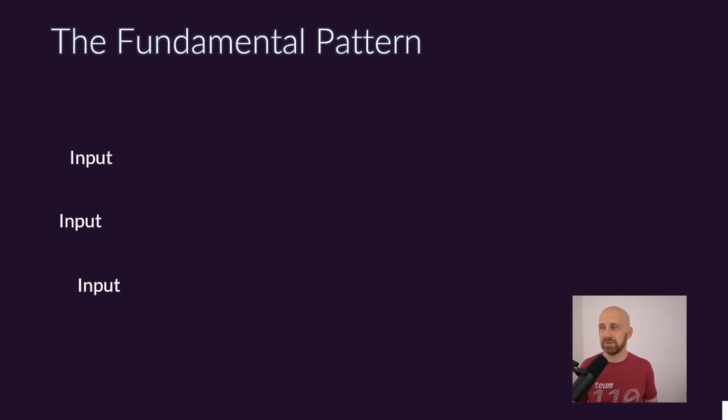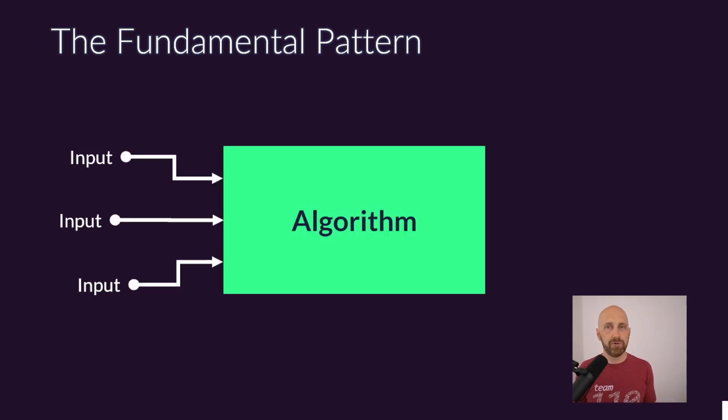And these inputs are going to be fed into an algorithm. I mentioned previously, and we'll be talking about algorithms throughout this course, an algorithm is just a series of steps that a computer can follow. What's really neat about an algorithm is that it's a fixed series of steps. Let's say your algorithm has 10 steps, but that algorithm should work whether you're feeding in a little bit of data or a lot of data.